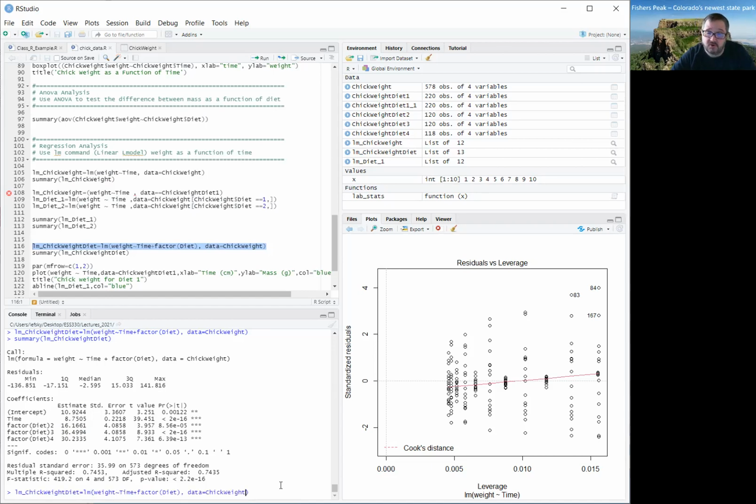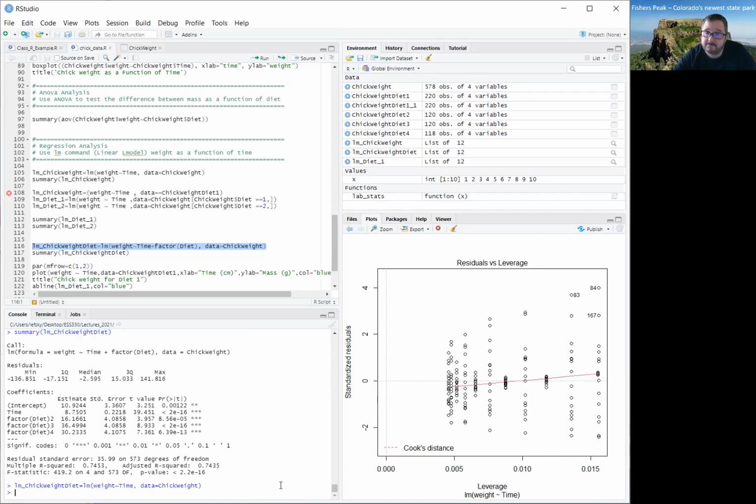relationship, the overall regression. Now I'm going to go back actually because I didn't talk very much about that first model. And so now I'm redefining LM chickweight diet as being equal to just the time. So now I'm asking, what did time itself do without the other variables?